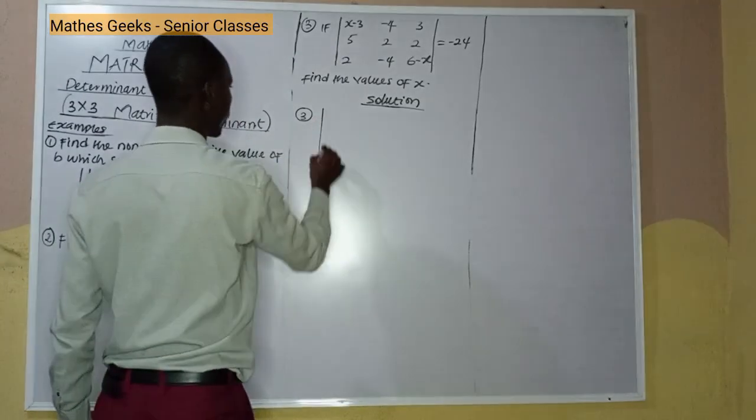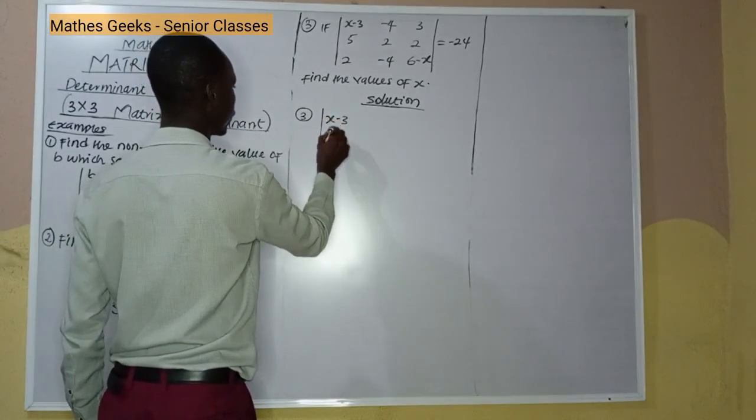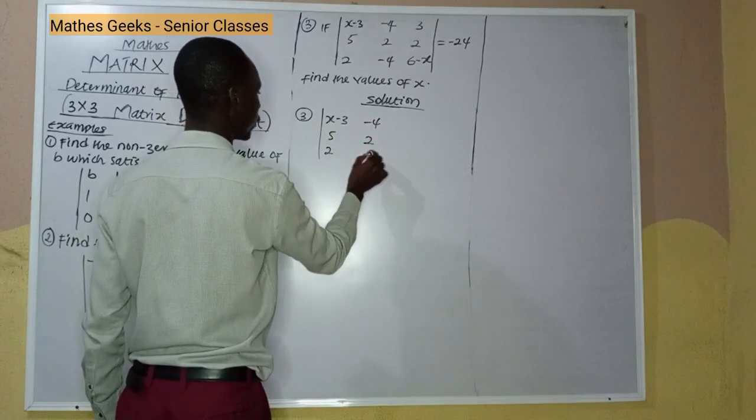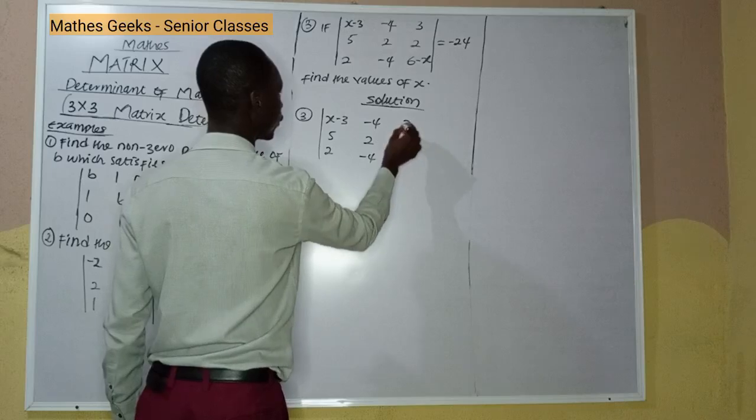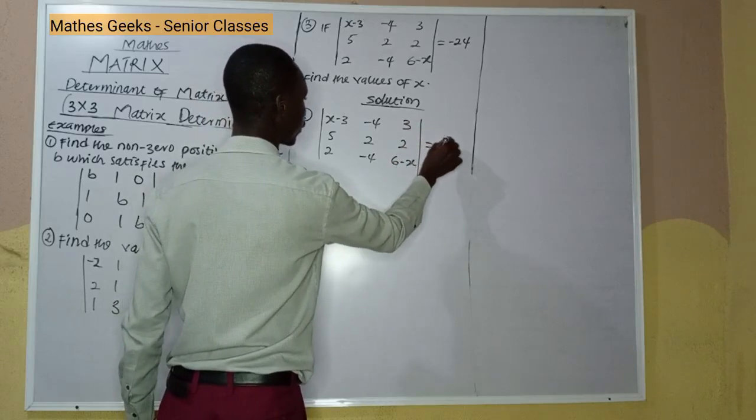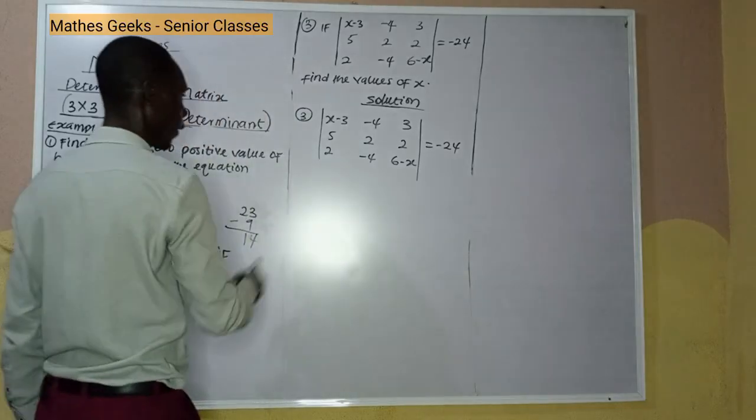Next: the determinant with rows x minus 3, 5, 2; minus 4, 2, minus 4; 3, 2, 6 minus x equals minus 24.